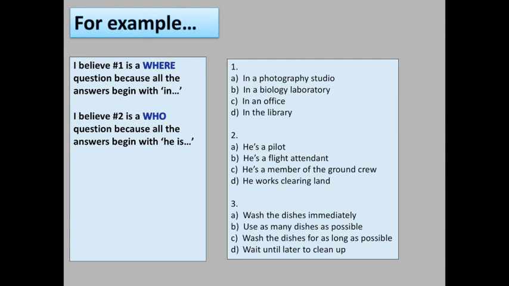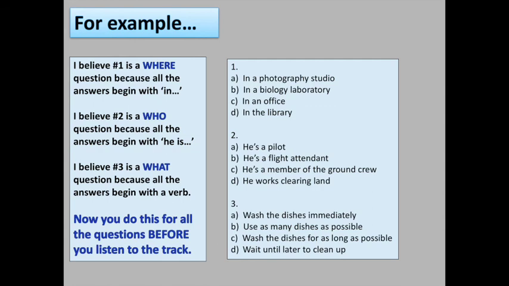So we can guess that number 3 is a what question. Now, you can try to do the same thing for the rest of the questions before you listen to the audio track.